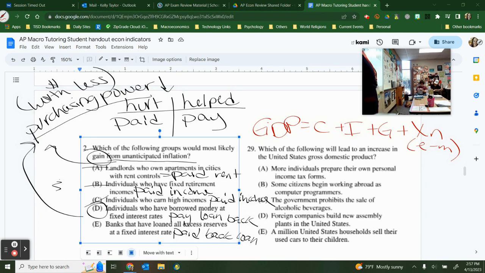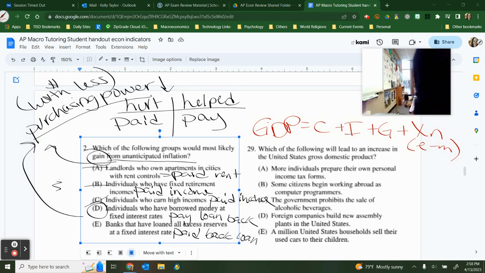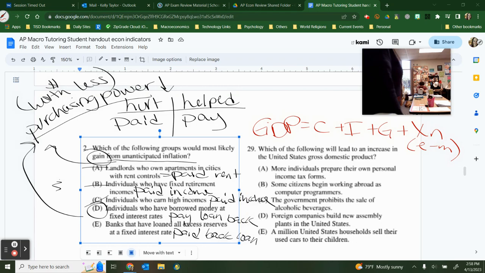C is consumer spending, that is people buying things. I is investment spending, businesses spending money, probably on capital, like pizza ovens. G is government spending, and XN stands for net exports, a little math question inside a math question, because it's exports minus imports.